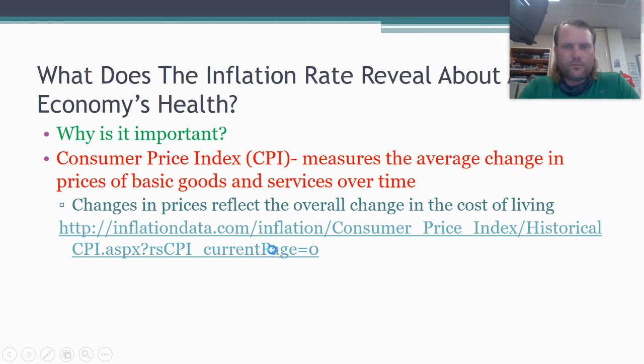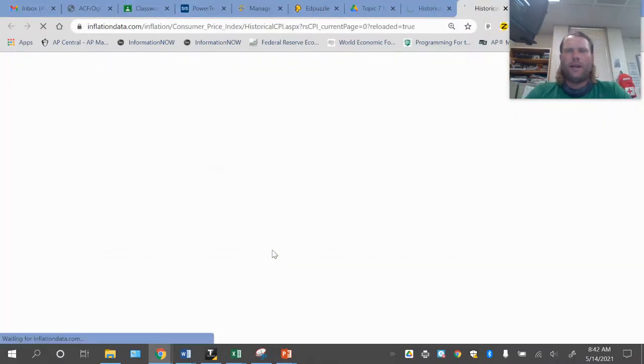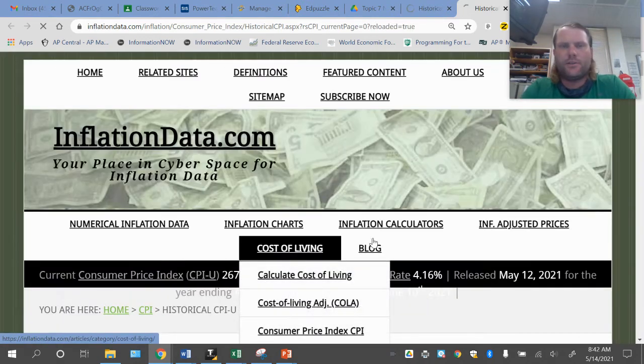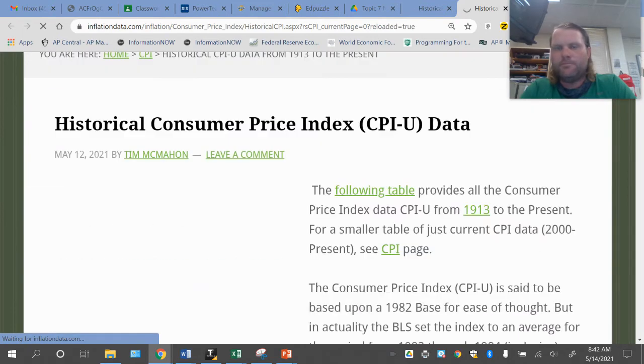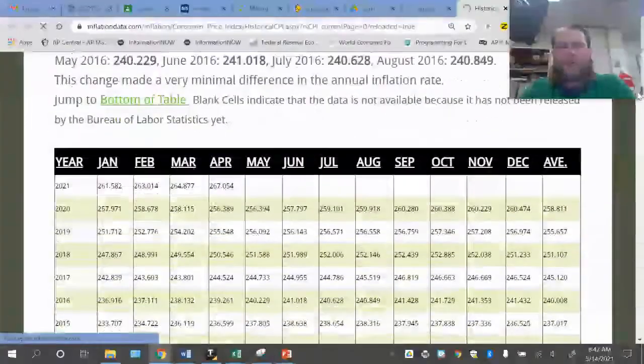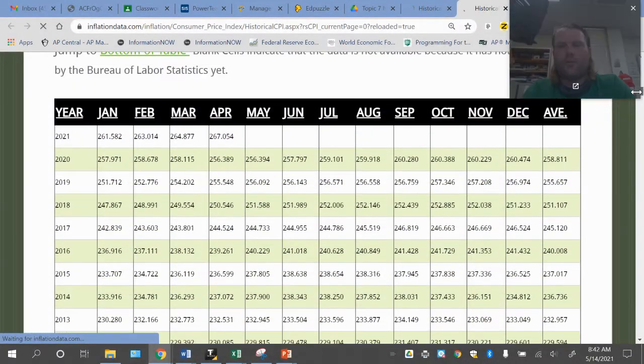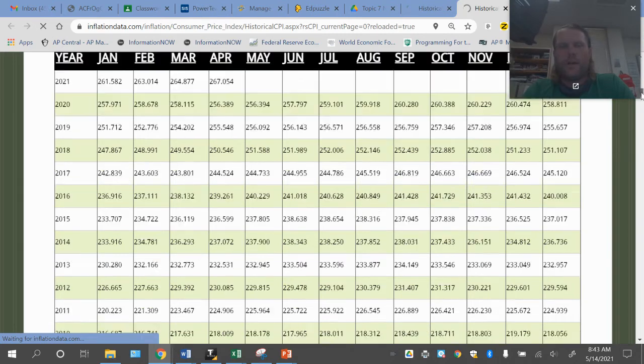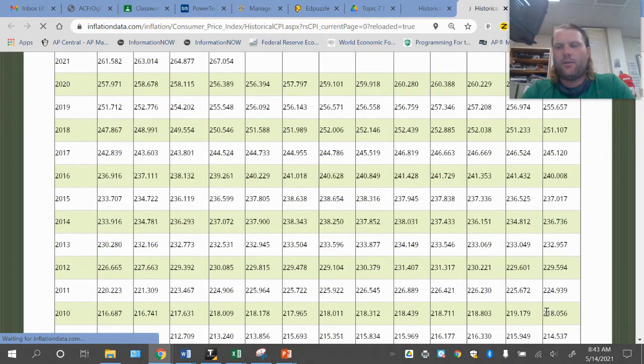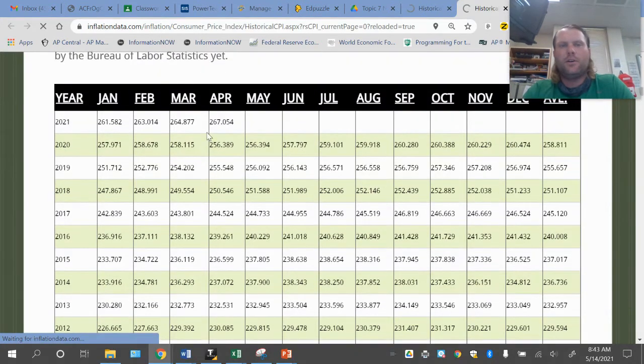But they chart these things. And again, my chart is going to look very similar to what we just looked at because it's the same group. And you can see it's a little bit easier to wrap our head around that something that cost $218.05 in the year 2010 now costs $267.05.